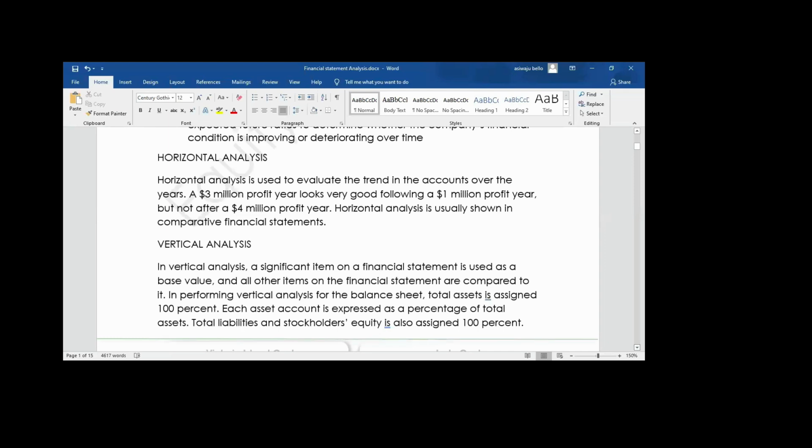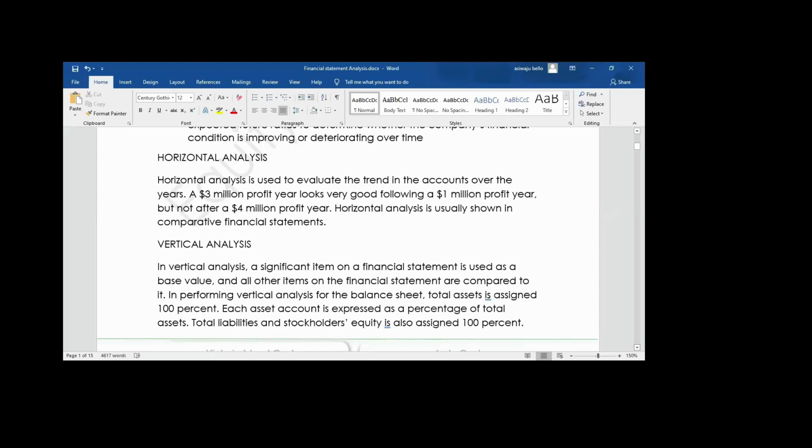In vertical analysis, a significant item on a financial statement is selected as the base value, and all other items on the financial statement are compared to this particular value.